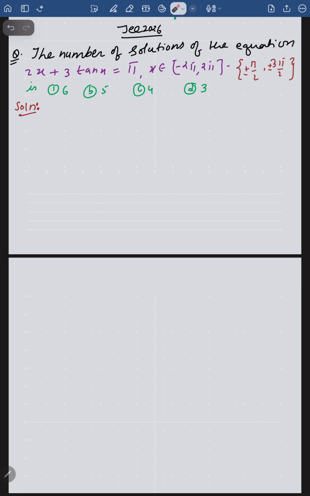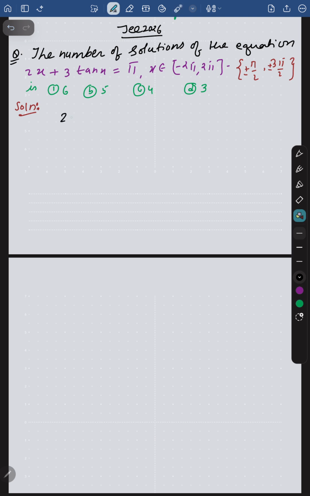graphical method. Okay, for that we just write the given equation as 2x plus 3 tan x equal to pi. We will keep the trigonometric function on one side and the remaining things on the other side.